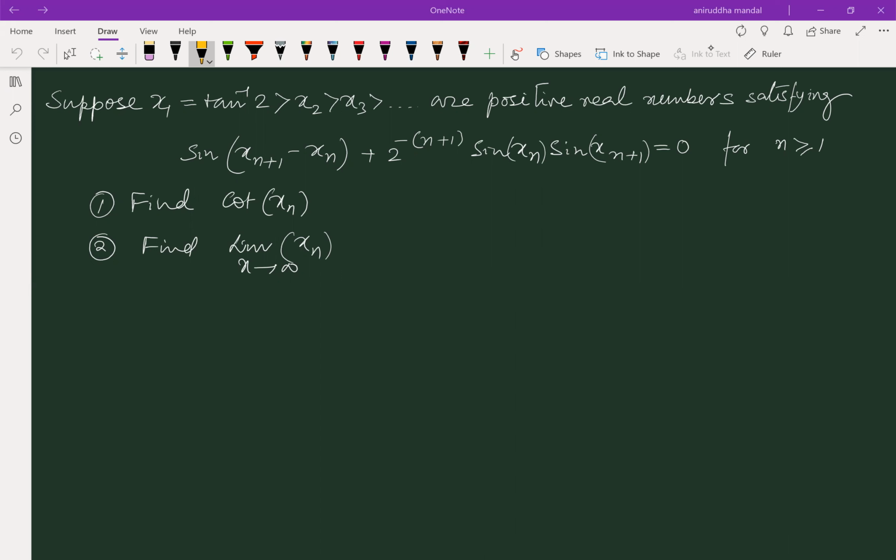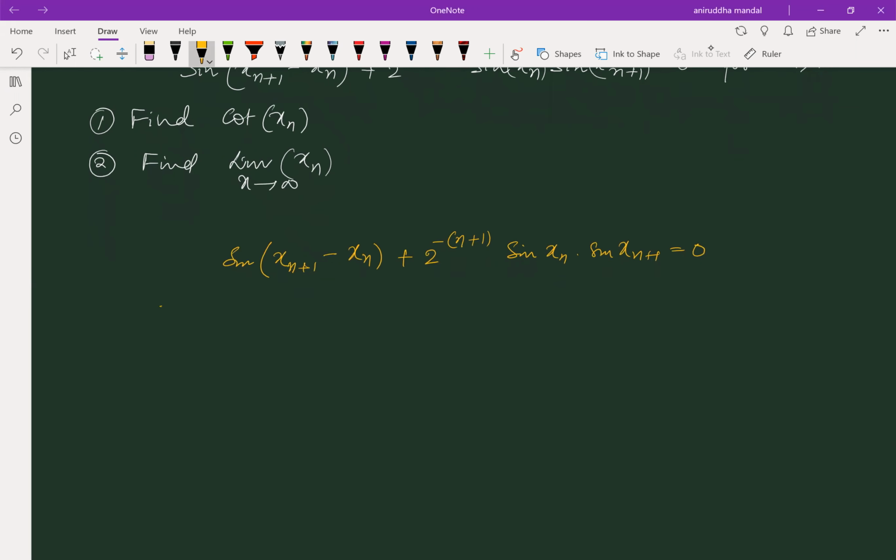Okay, so how do we proceed? We'll start from this given trigonometric expression. We have sine(x_{n+1} minus x_n) minus 2 to the power minus (n+1) sine x_n into sine x_{n+1} equal to 0.